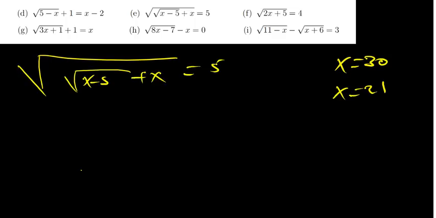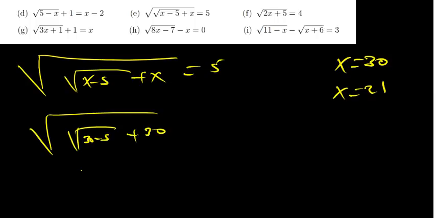Let's start with 30. So inside here, if I put 30, 30 minus 5 plus 30. So what is 30 minus 5? It's going to give us 25.